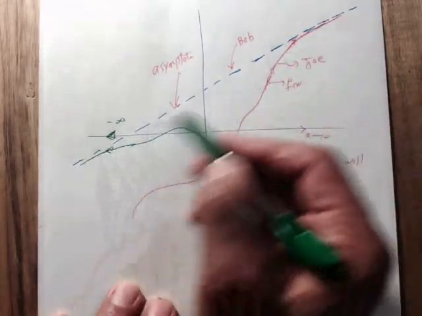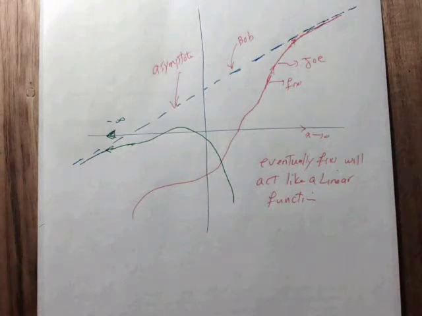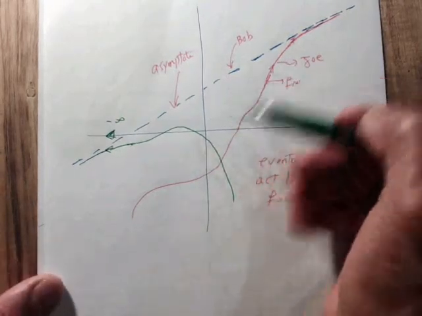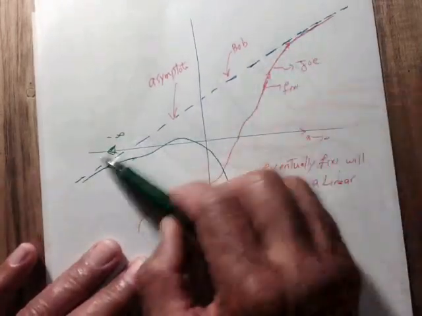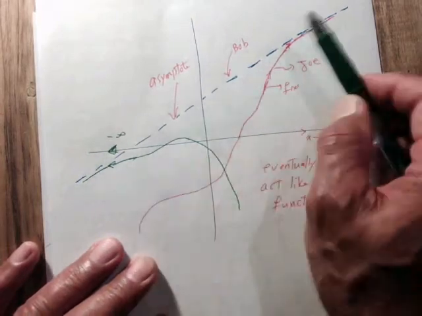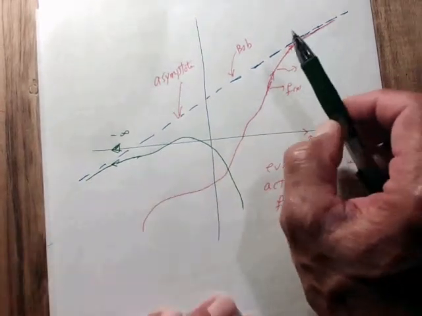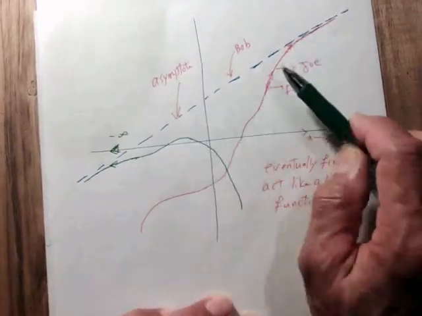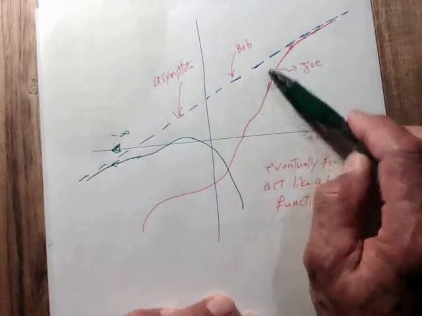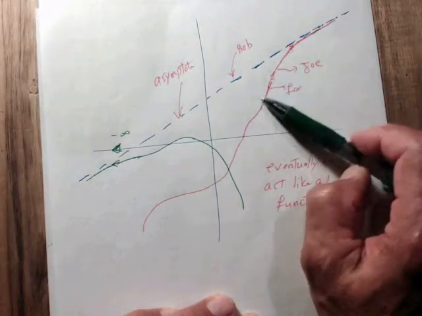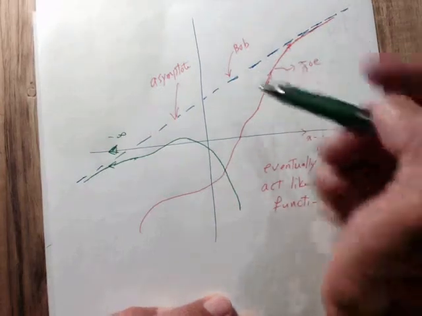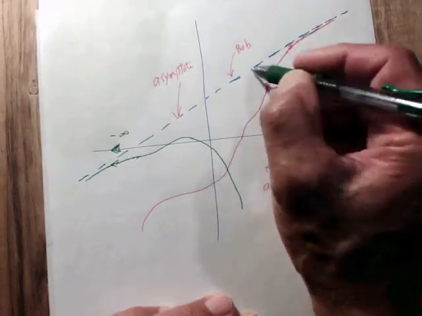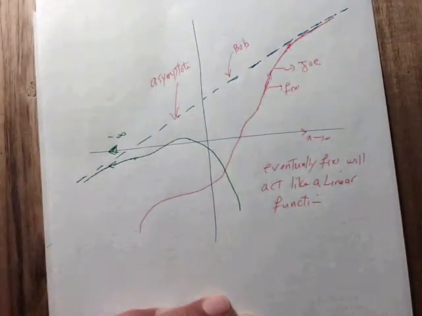This is an asymptote. So what is an asymptote then? An asymptote of a function is a line, could be a straight line, could be not a straight line, could be anything, whose distance from the graph of the function gets smaller and smaller as x goes to infinity.